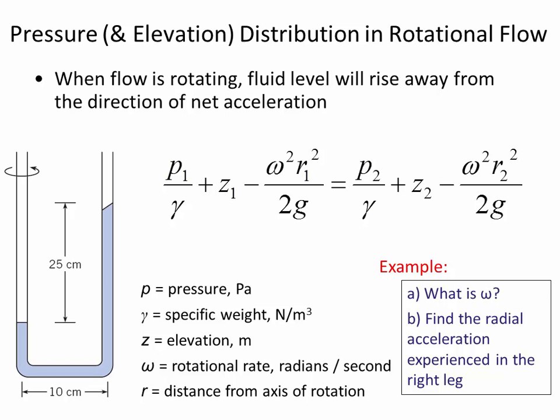Then I multiply that by 60 seconds per minute, and end up with 211.5 revolutions per minute. That is the rotational rate that caused that deflection.